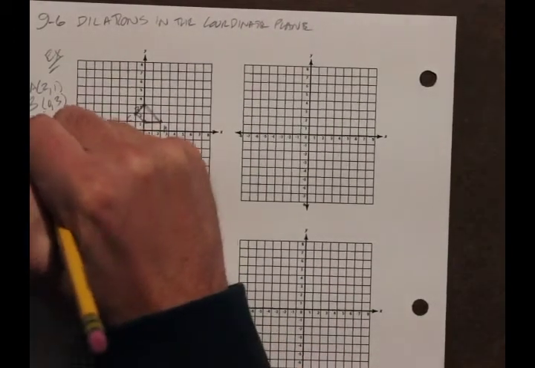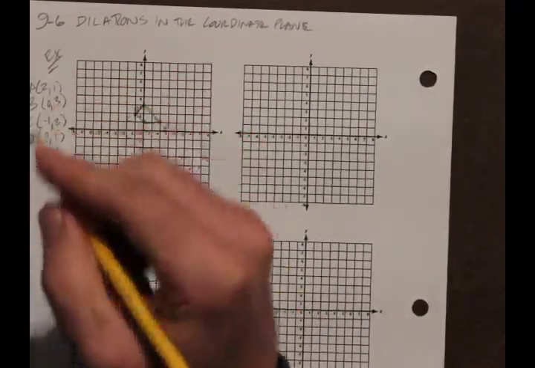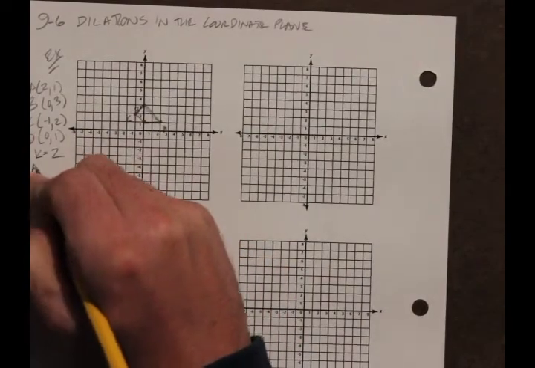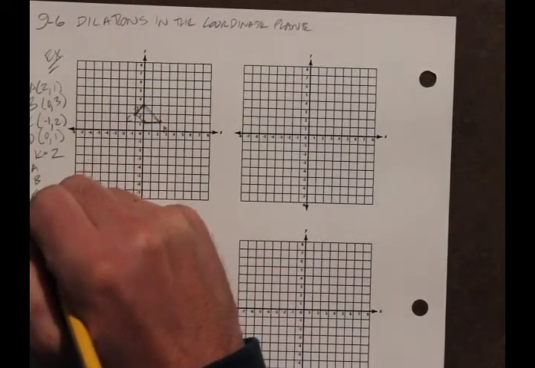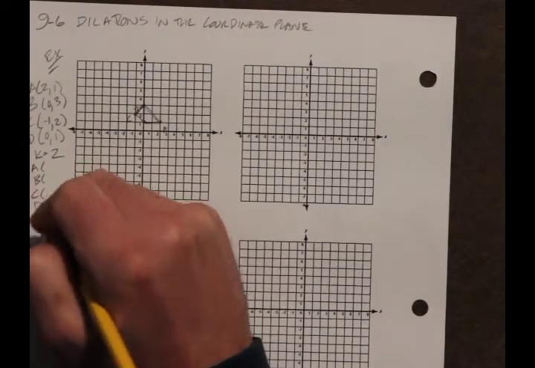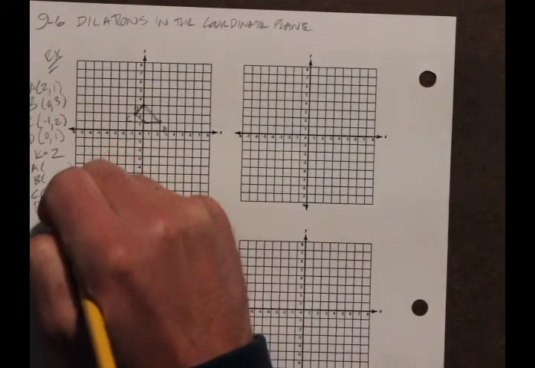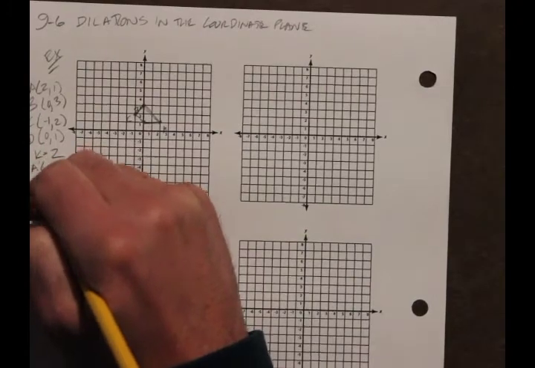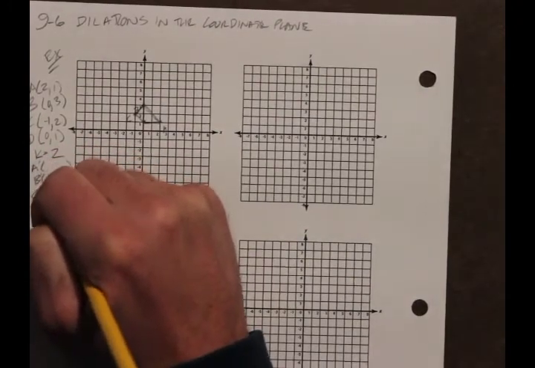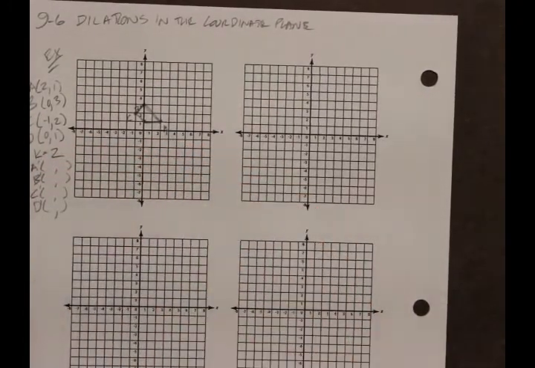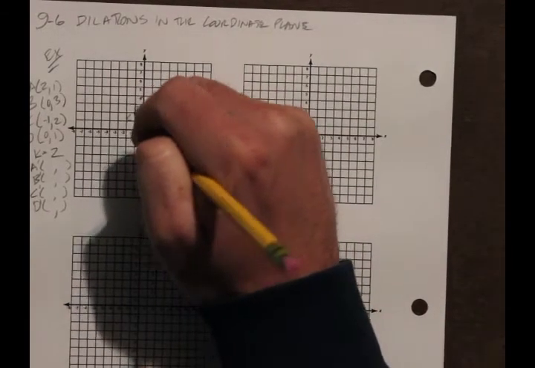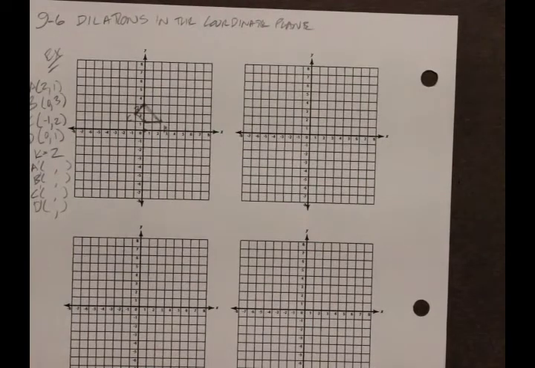And then we're going to do a scale factor of 2. So I've got my A, B, C, and D prime. All right, now my center of dilation here is the origin. So all of these we're going to be doing with the origin as our center of dilation.